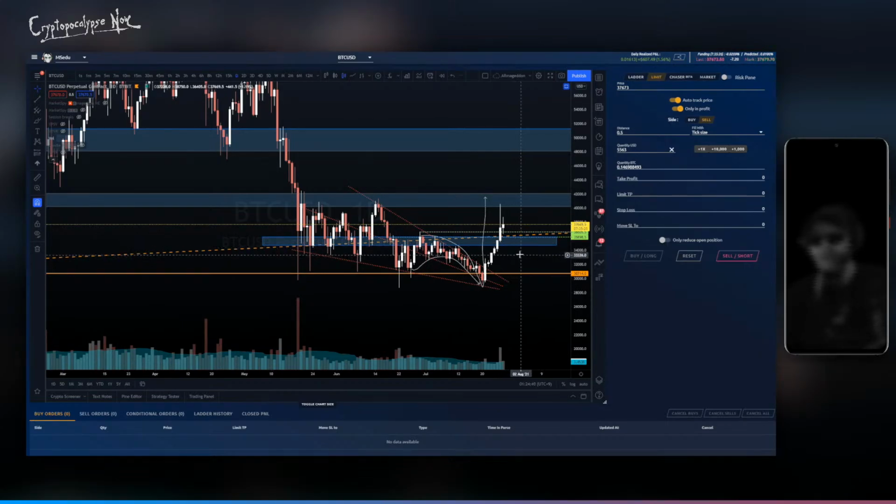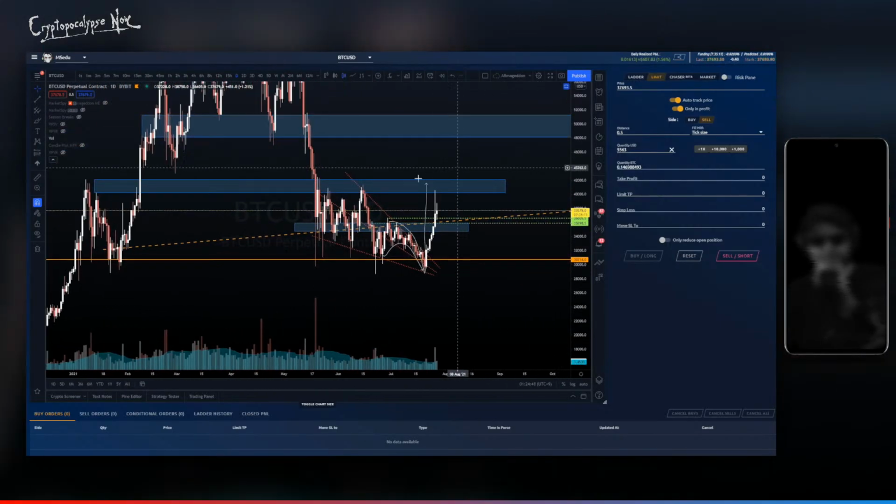And we're looking at that pullback as a potential long, and the trend continuation.